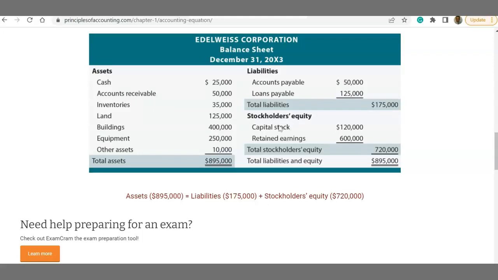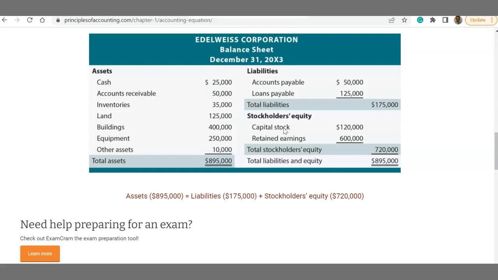So what is Robert's capital balance? Robert's capital is beginning Robert's capital plus net income minus Robert's withdrawal equals end Robert's capital.